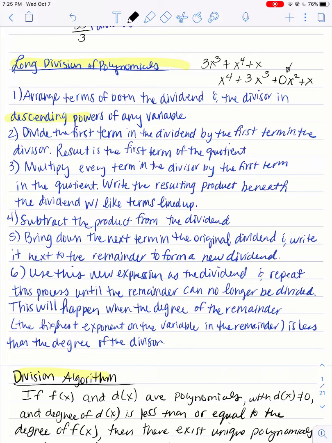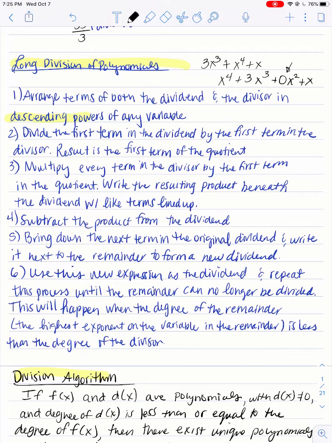Then we're going to divide the first term in the dividend by the first term in the divisor. The result is our first term in the quotient, and then we multiply every term in the divisor by that first term in the quotient. We write that product beneath the dividend, lining up like terms, which is pretty much what we do with long division in numbers.